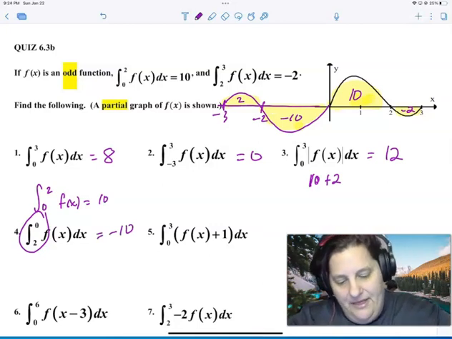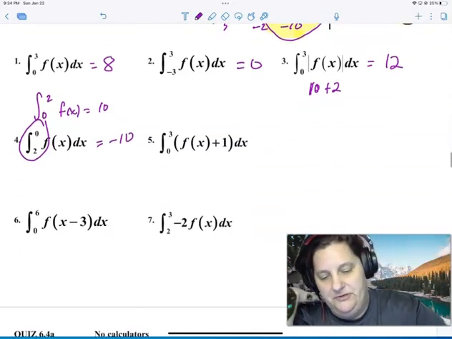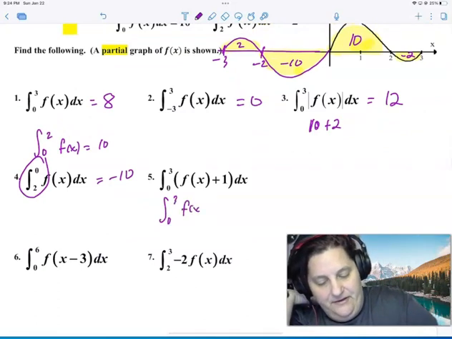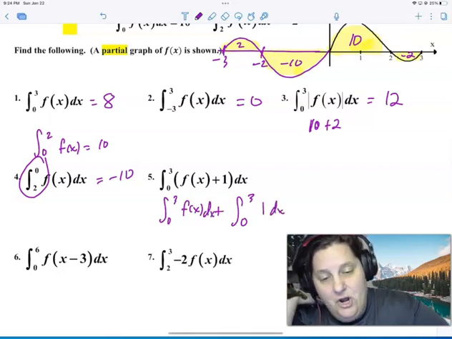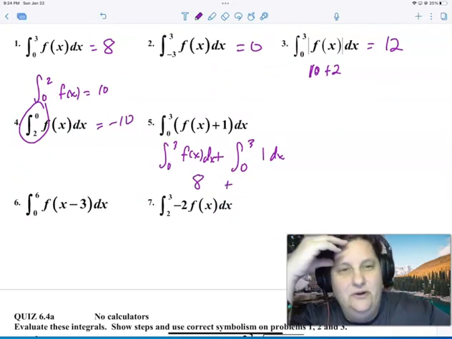All right. Now this, you could think about the graph moving up 1. That's actually not how I'm going to do this. Here's what I'm going to do. This is going to be the integral from 0 to 3 of f of x and the integral from 0 to 3 of 1. Now I know the integral from 0 to 3 is 8. What's the integral of 1?